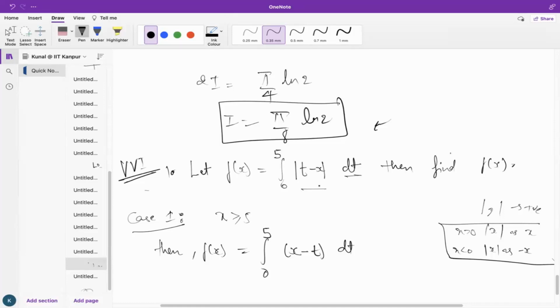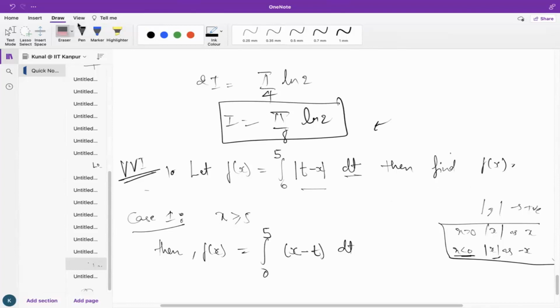Actually, I am applying this. Let me write it here. The value inside the mod is negative, so it comes out with the negative sign. So minus of t minus x will be x minus t, right? I hope you'll all understand what I'm trying to say.